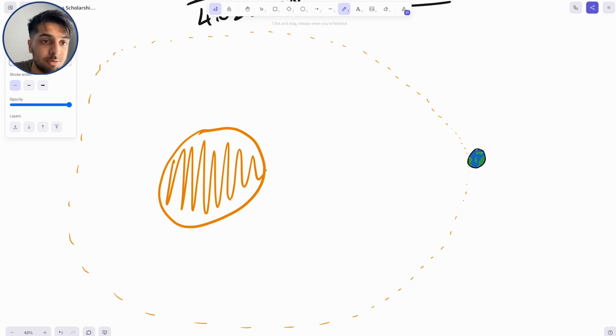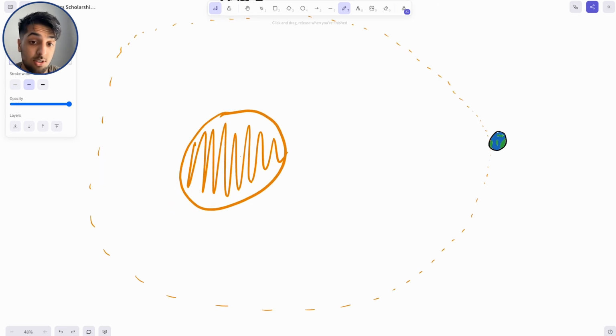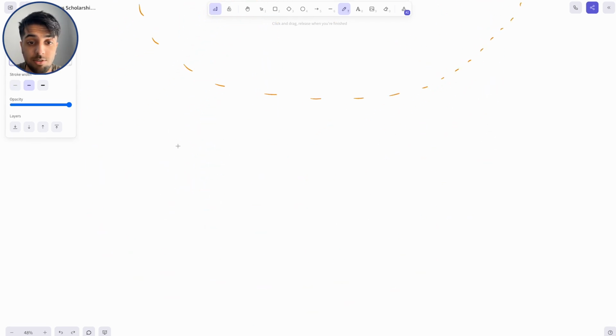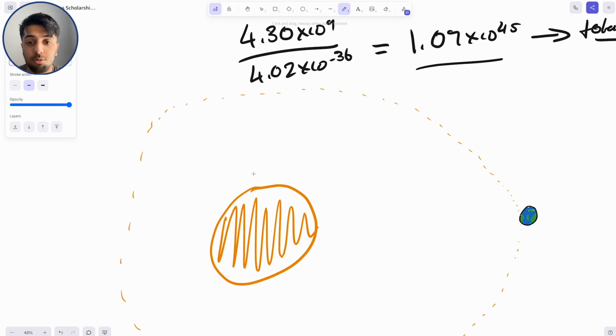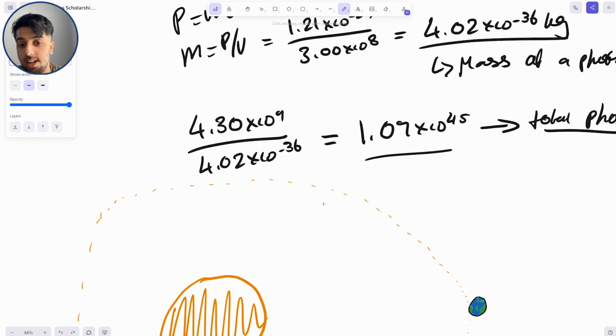So the effective radius of this will be from here all the way to here. That is our radius of this sphere of emitted photons. And the surface area of a sphere is 4 pi r squared. So that's 4 pi, and the radius that we mentioned here is the distance between the Earth and the Sun.